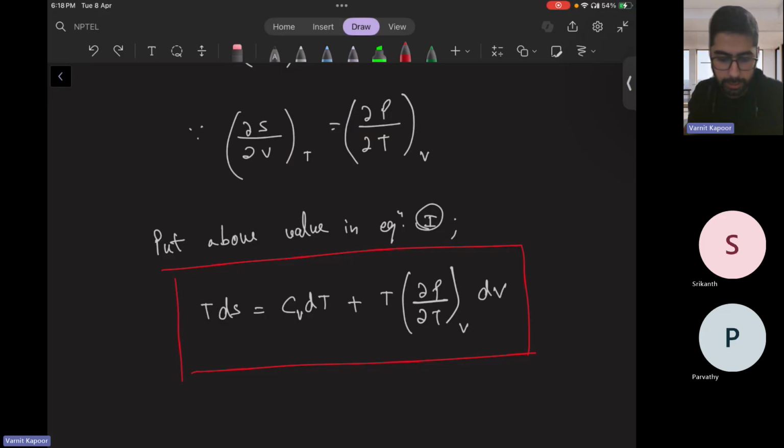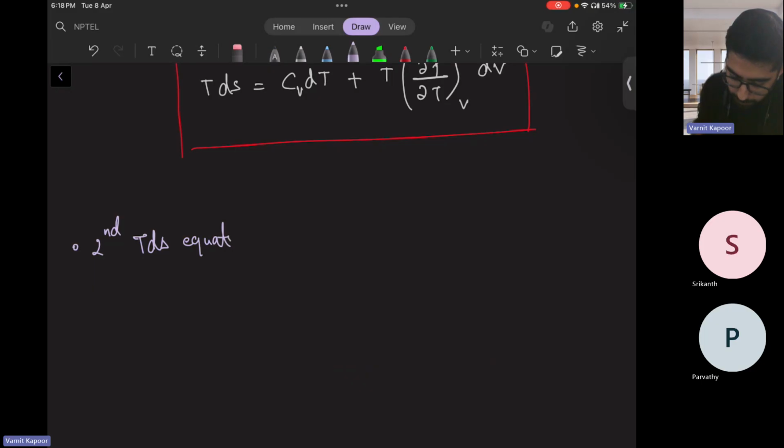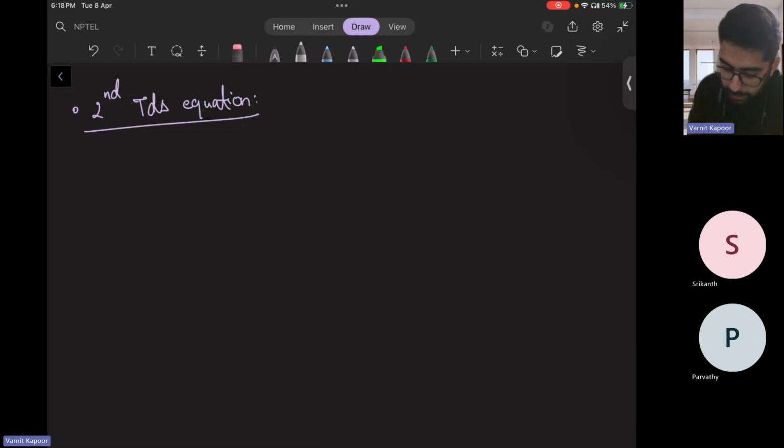Now let's come to the other relation, the second TDS equation. So what was our second relation? That was in terms of enthalpy.